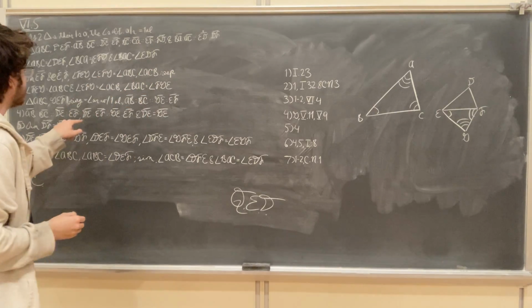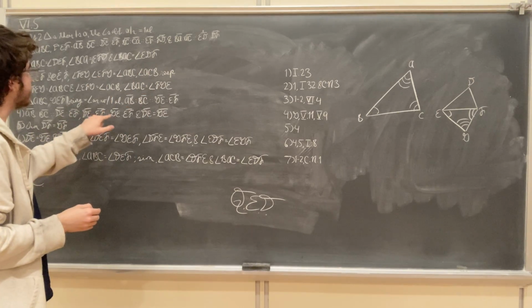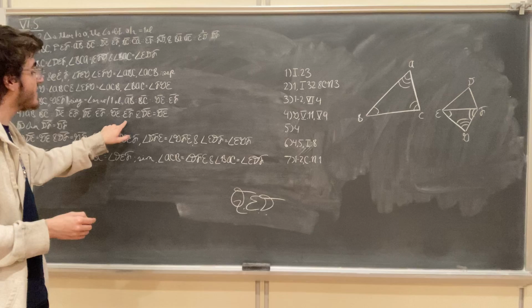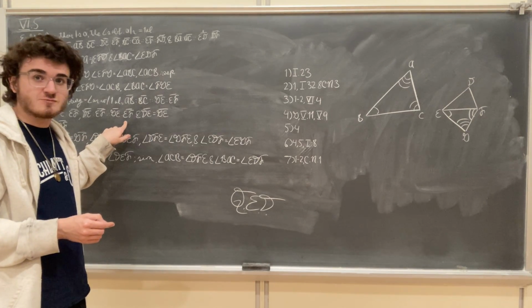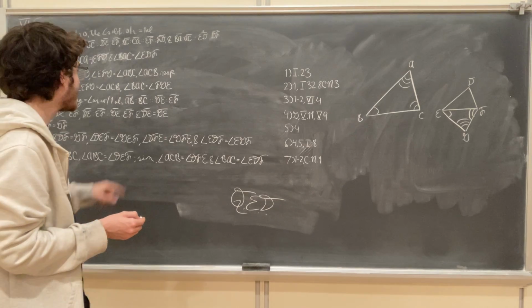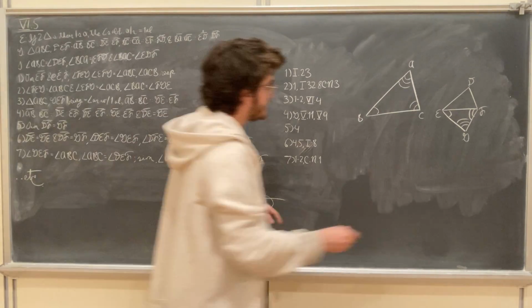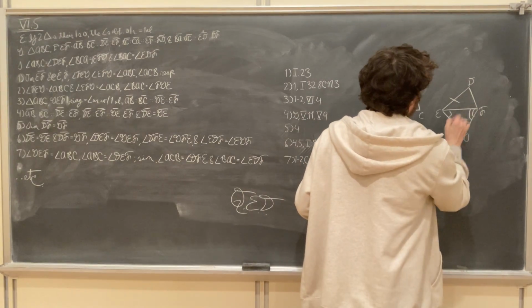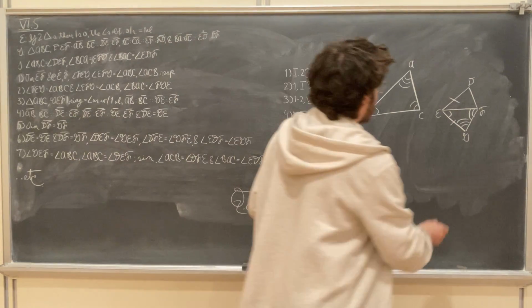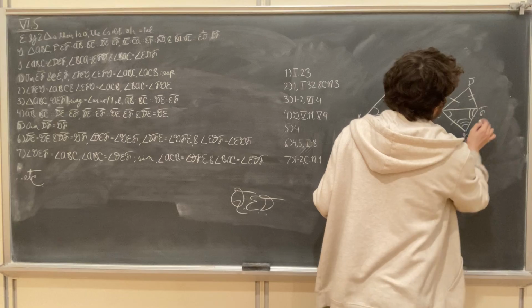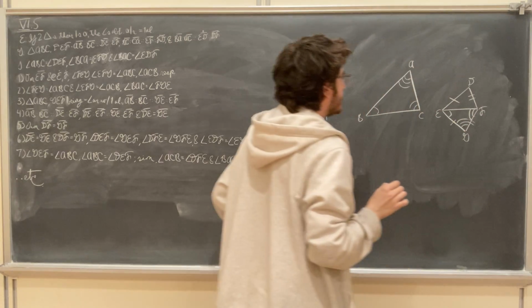So we can say that DE is to EF just as GE is to EF, but by proposition 5.9, magnitudes which have the same ratio to the same are equal, which means that DE is going to be equal to GE.